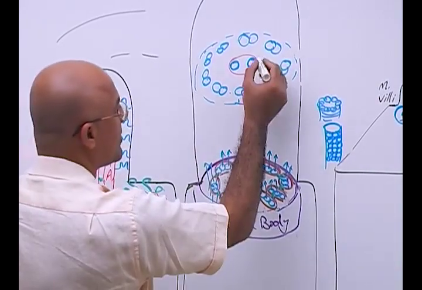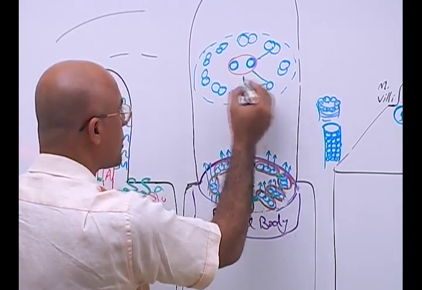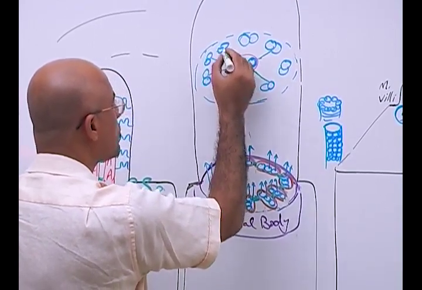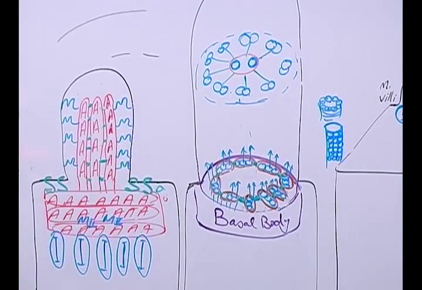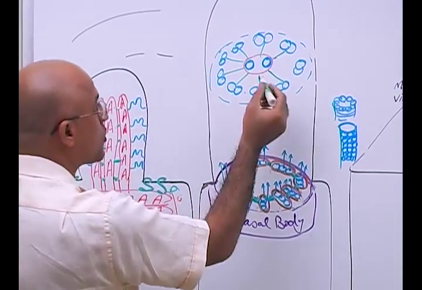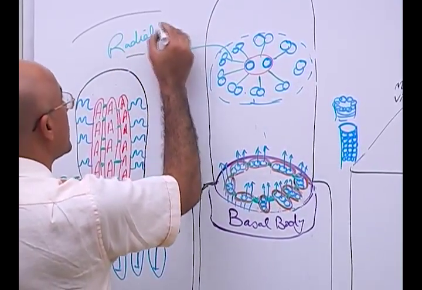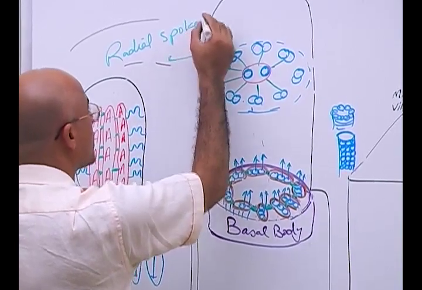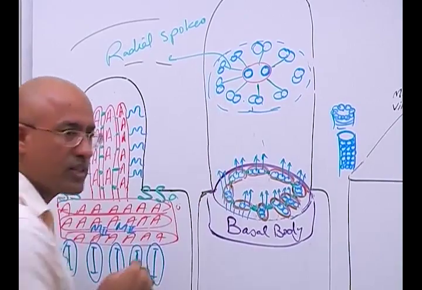All these doublets are connected with the central sheath through special proteins called spoke proteins. These are radial spokes, which connect these doublets to the central sheath.